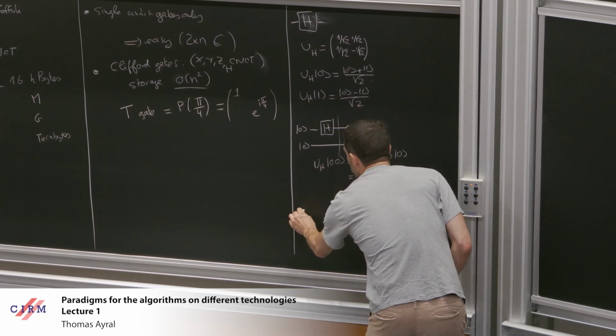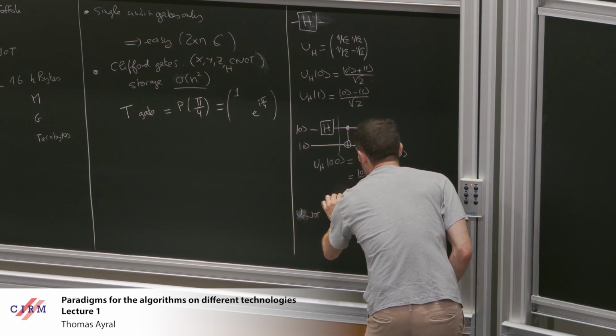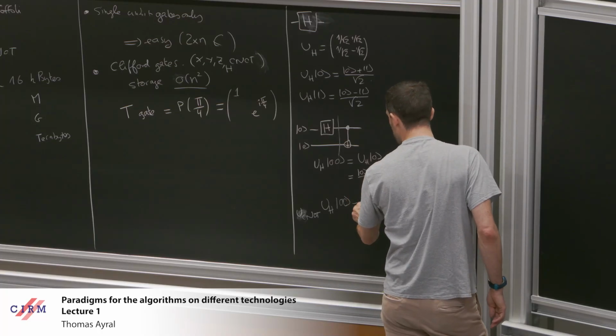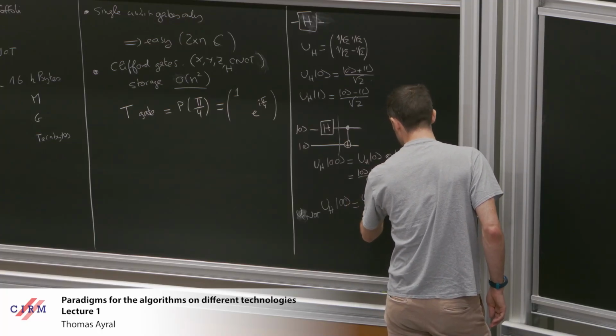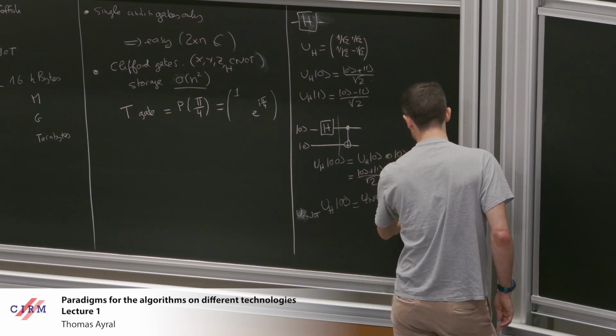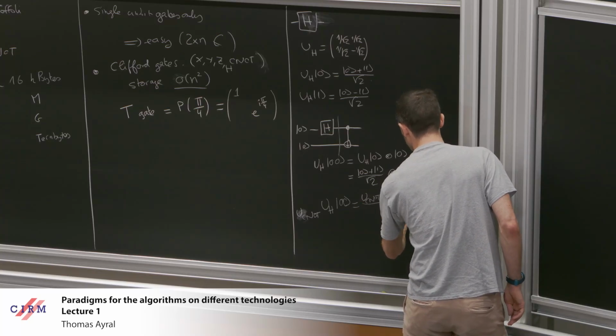And then when I apply U of C0 times UH times 0, 0, I need to be careful. Now I need to use linearity. So I do U of C0 times 0, 0 plus U of C0 times 1, 0, over square root 2.